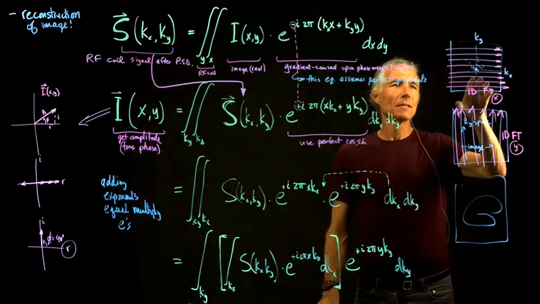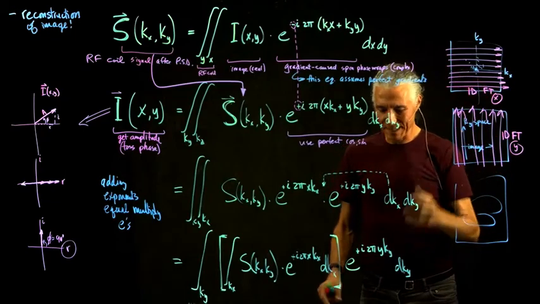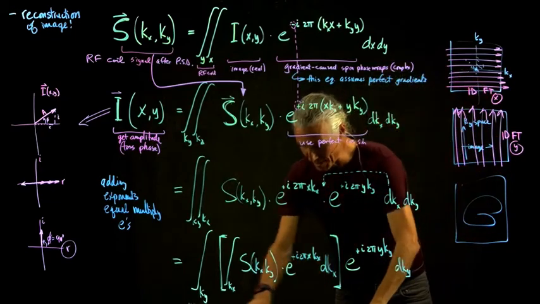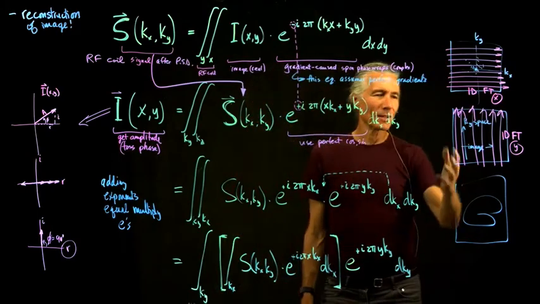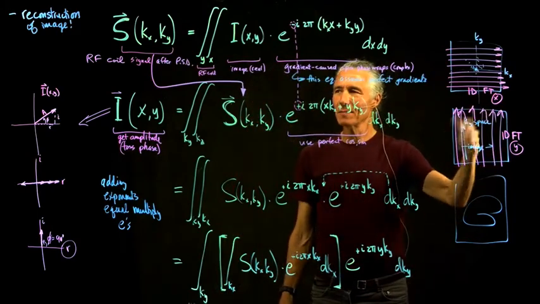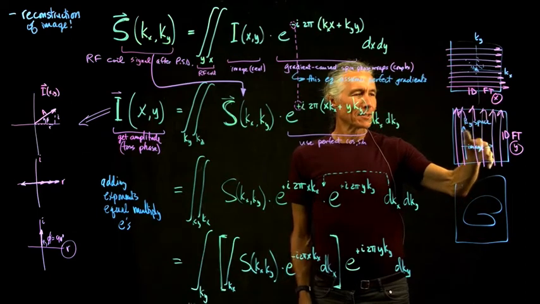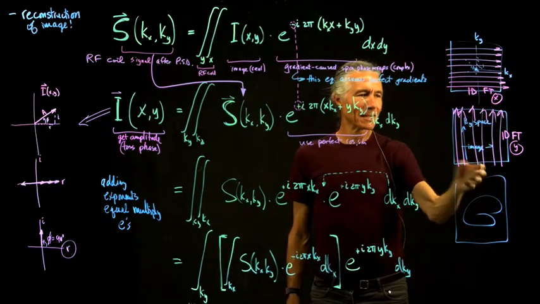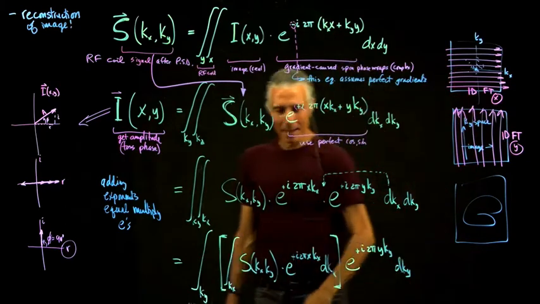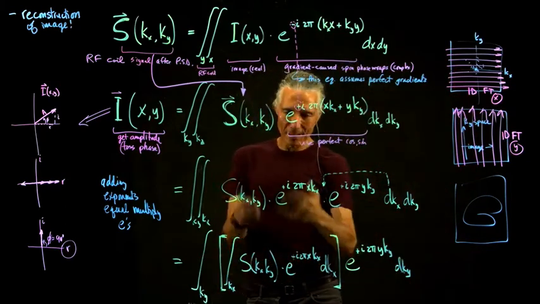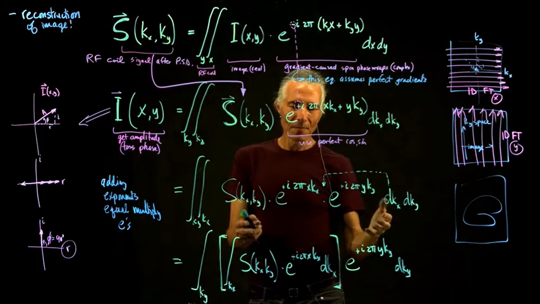Sometimes you'll see in different pulse sequences, you might end up with a weird situation like this where you just do a Fourier transform in one direction, but you've got this strange animal that has image going this way, but it's still k-space going that way. Amazingly, that's just a very simple manipulation here.